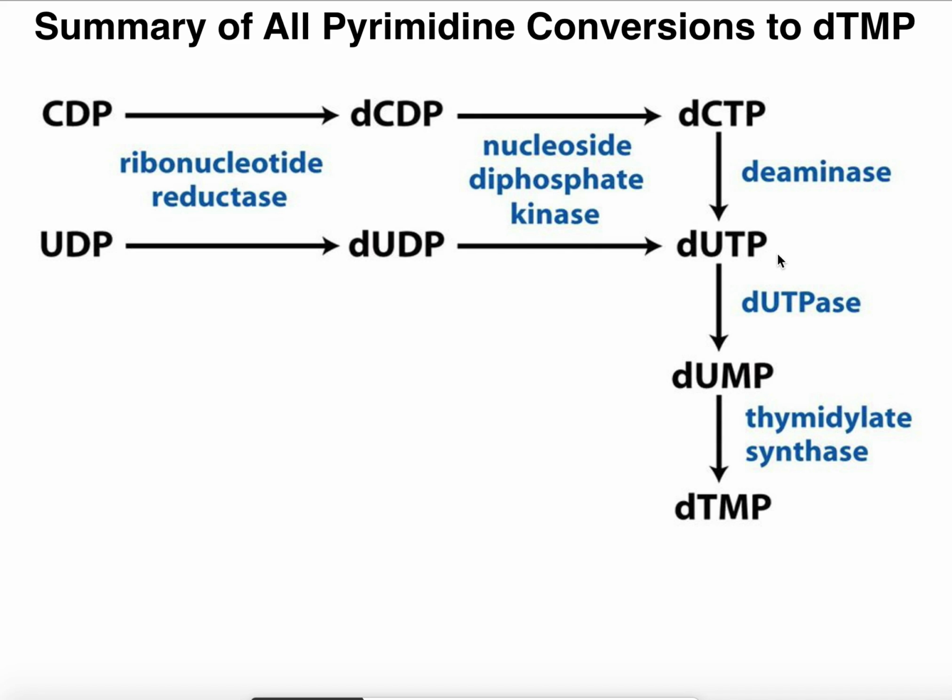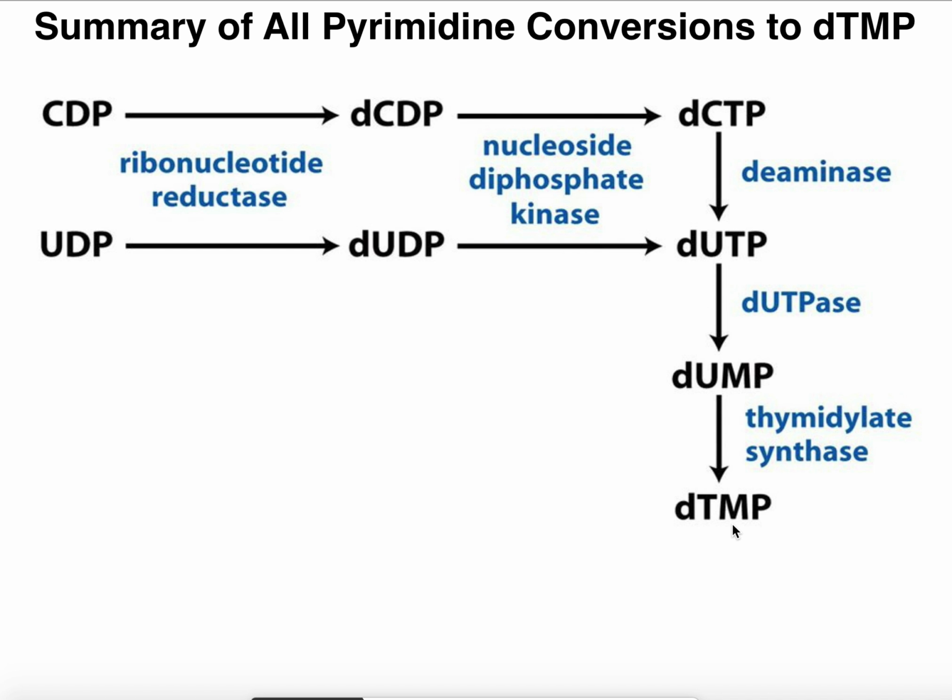So dUTP has 2 of its 3 phosphates removed, and it gets converted into dUMP, deoxy-UMP. Deoxy-UMP is the only form of uracil, at least natural form, that thymidylate synthase will act on. So you have to have deoxy-UMP, thymidylate synthase binds to it, and converts it into deoxy-TMP.